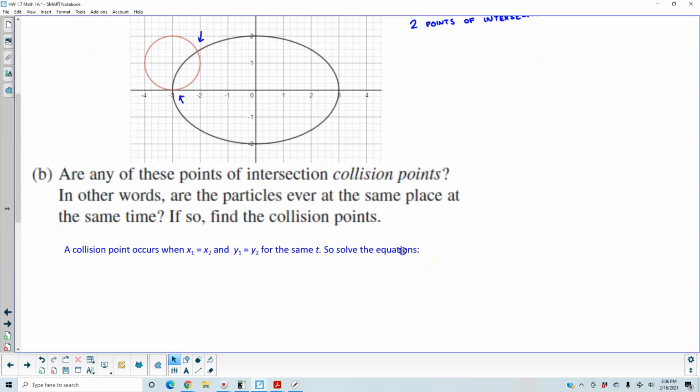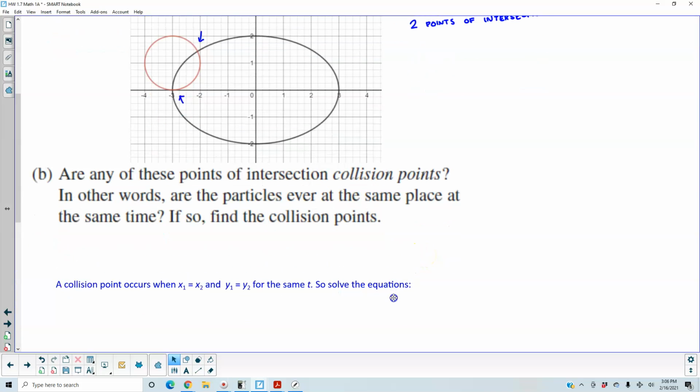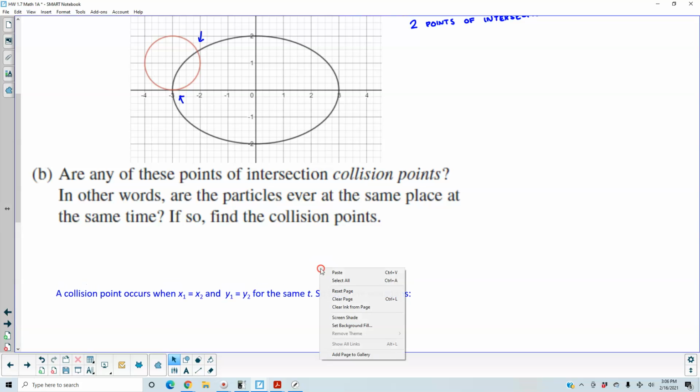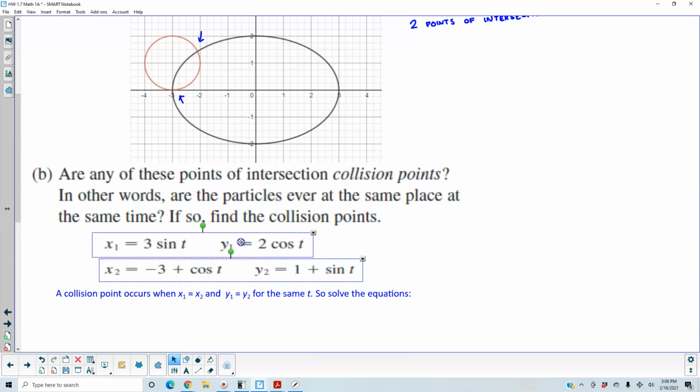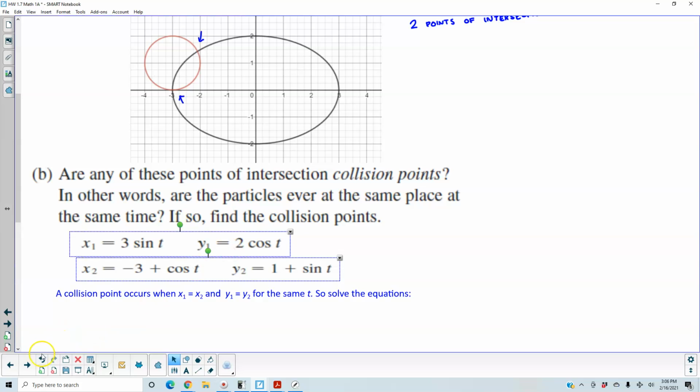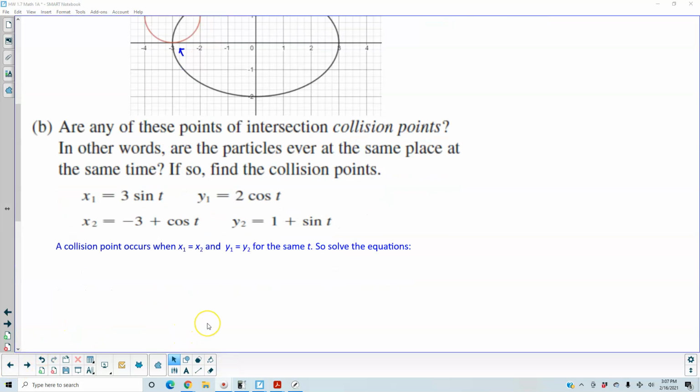So what we want to do is solve equations. So let's take a look at the equations that we have from above. Our first equation: we're going to let x1 equal x2. So that's 3 sine of t equals negative 3 plus the cosine of t.